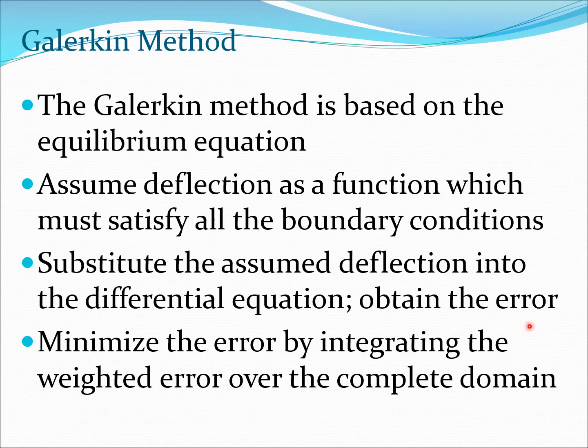So we say an error is obtained. Now essentially we minimize this small number by integrating it over the complete domain, and before we integrate this function we weigh it with the basis function. So that is the basic idea behind the Galerkin method. So next we are going to explain this mathematically.